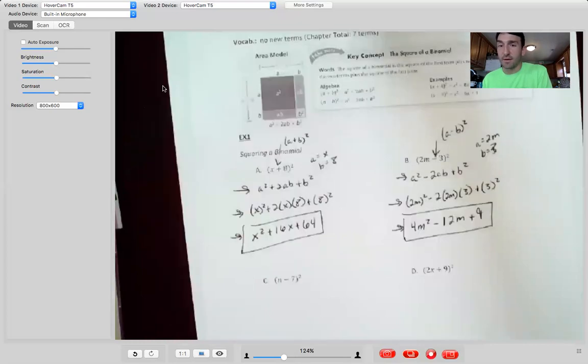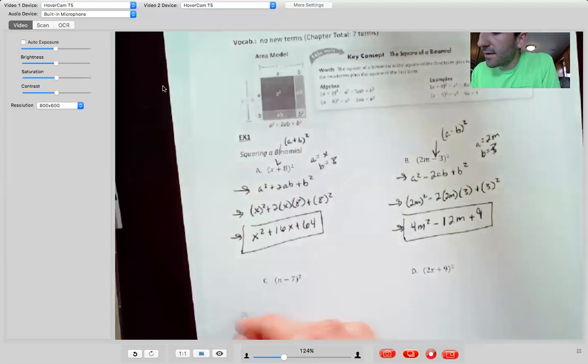I'll do a couple more here, except I am going to work a little bit quicker. I'm not going to write out the formula. So this is an a minus b squared. So we're going to do a squared minus 2ab plus b squared.